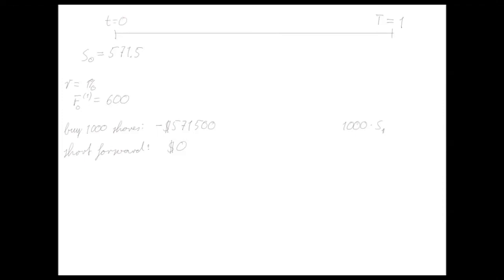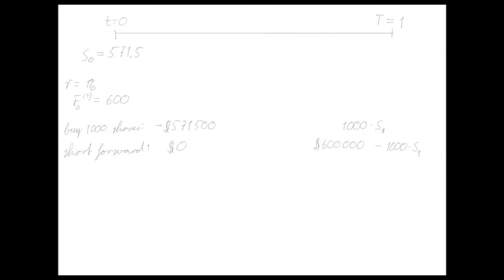And in the future, I will receive the forward price of $600,000. And I do have to deliver the 1,000 Apple shares, which are worth 1,000 shares times whatever the price of the Apple share is.